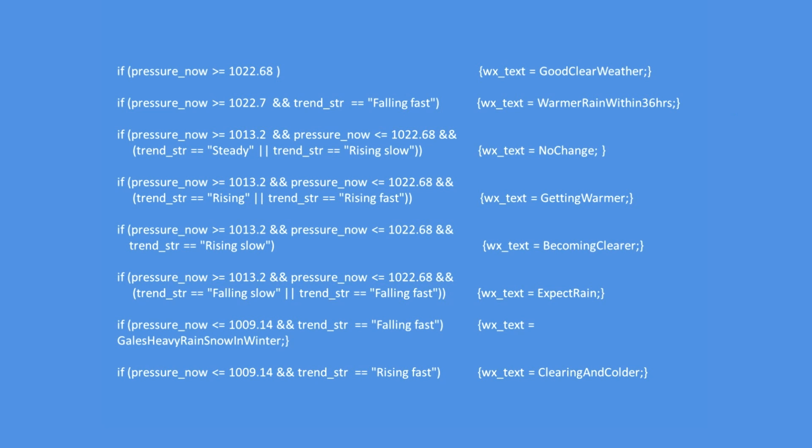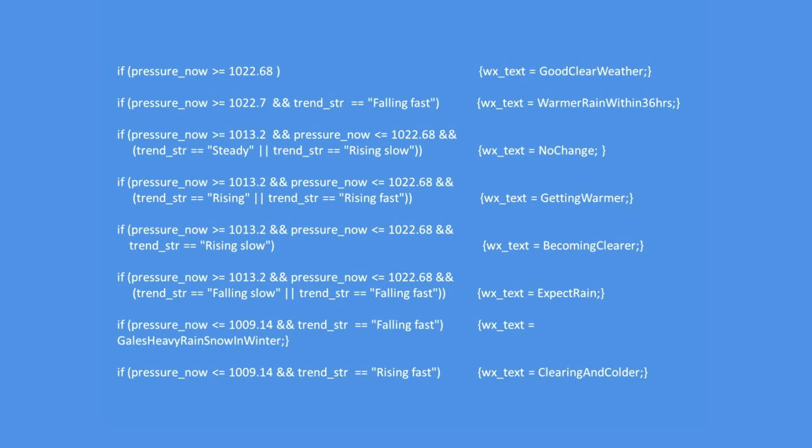So here are the rules that are being used by the weather forecaster. Generally, if air pressure is greater than 1022 millibars, it will be good clear weather. And at the other end of the scale, at the bottom of the screen, if pressure is below 1009 millibars and rising fast, you'll get good clear cold weather.